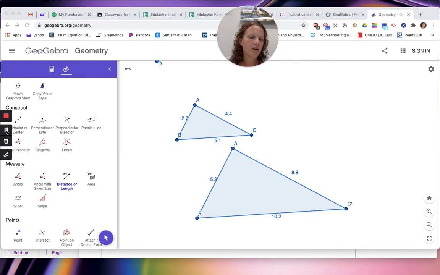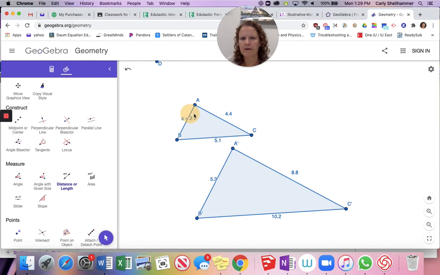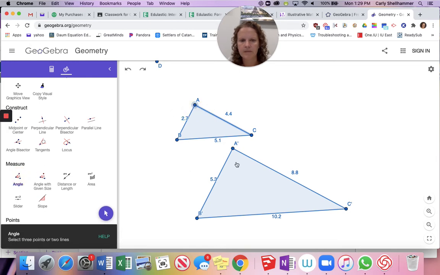So sketch 2 triangles with all pairs of corresponding angles congruent. I did not show that the angles are congruent. I can do that real quick. I'm doing angles. Why isn't it letting me do angles?